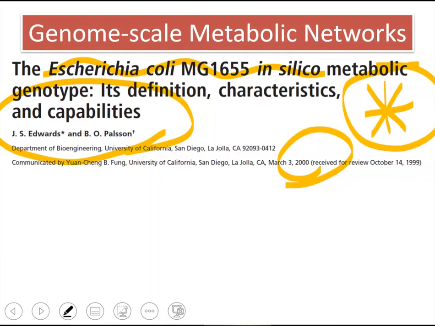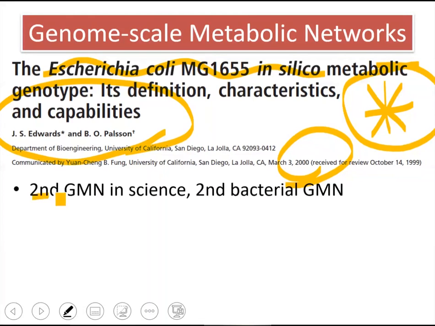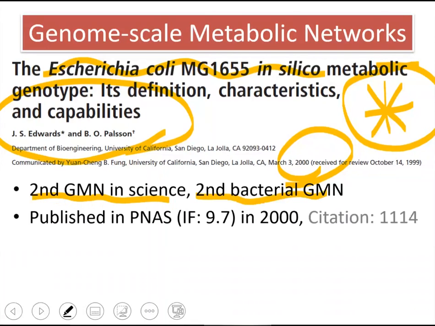in the field. So it is the second genome-scale metabolic network in science, and the second bacterial genome-scale metabolic network. It was published in PNAS, a highly reputable journal, and so far this paper has been cited more than 1,000 times. Those citation numbers are from Google Scholar, by the way.